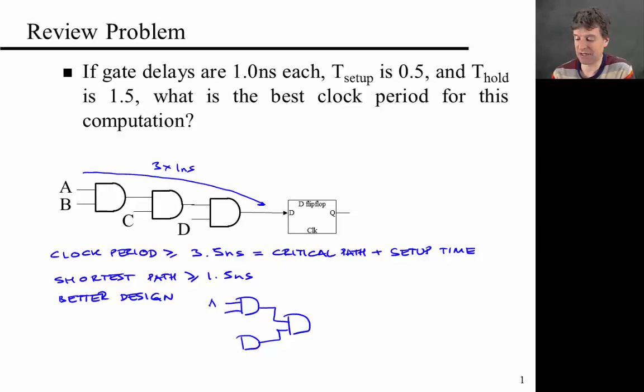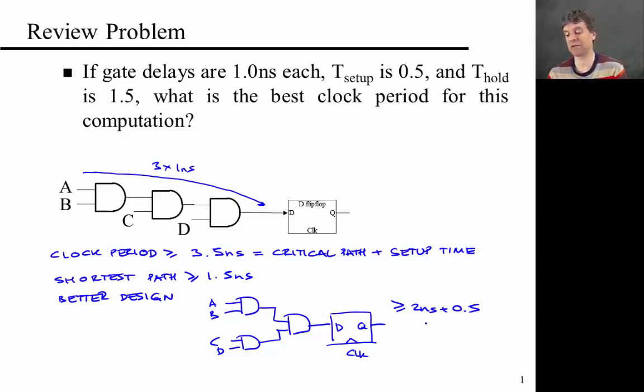Namely, add A and B together here, add C and D together here, and the outputs, and then connect that to your flip-flop. So the clock period for this system should be larger than 2 nanoseconds plus 0.5, or 2.5 nanoseconds, which is obviously better than the 3.5 nanoseconds we had for the initial design.